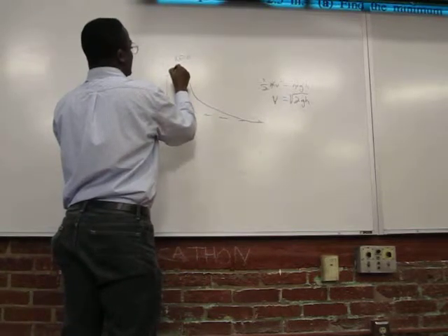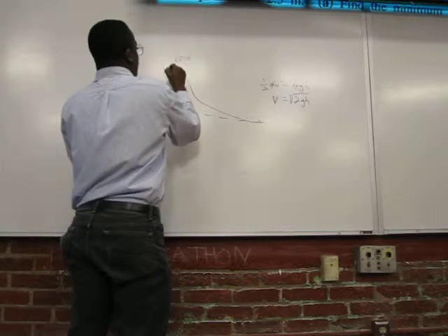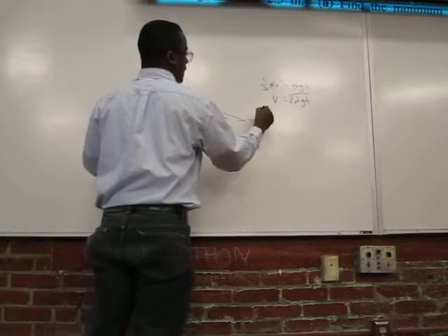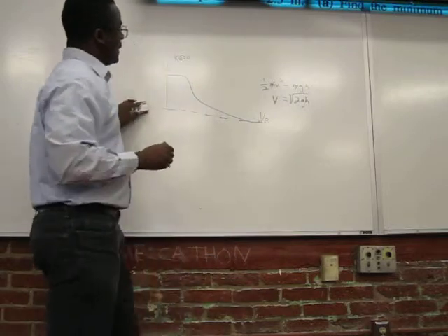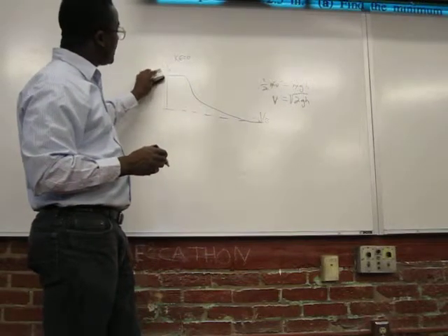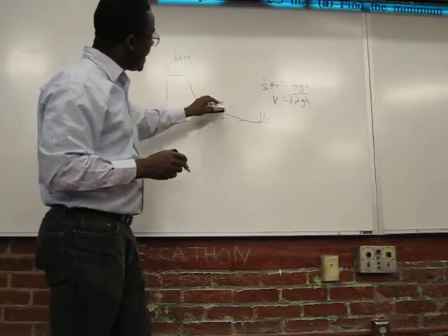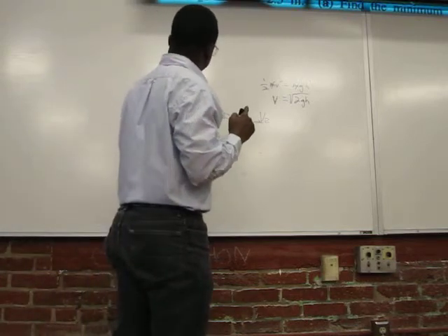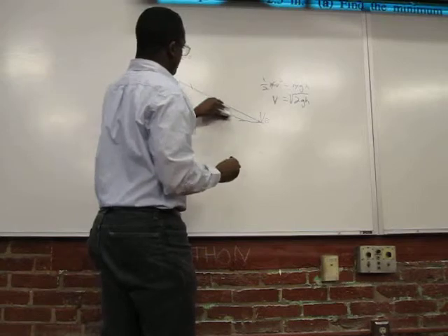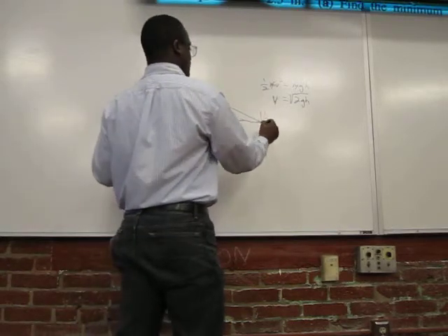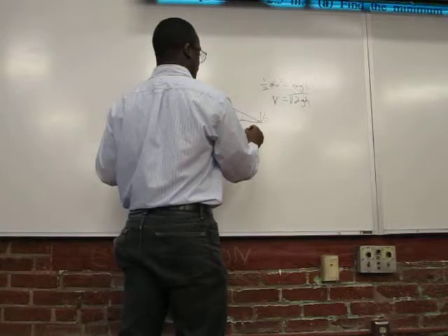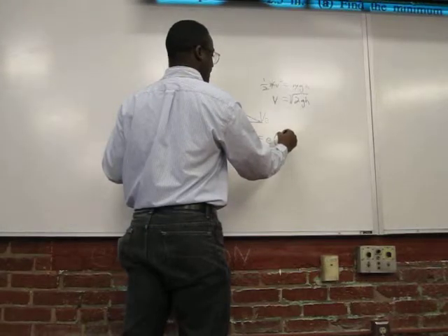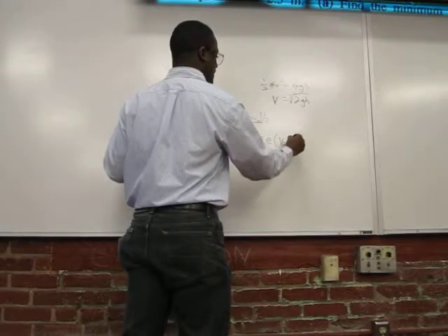Say instead of a ball, I have an electron, and instead of a hill, I have a voltage A and a voltage B. By the time this electron passes through this potential difference, which I just represent as a straight line, it's going to have a kinetic energy E equal to its charge times the difference in the potentials. That's how much kinetic energy it's going to gain.